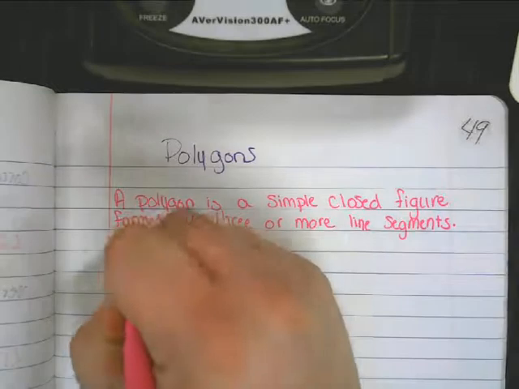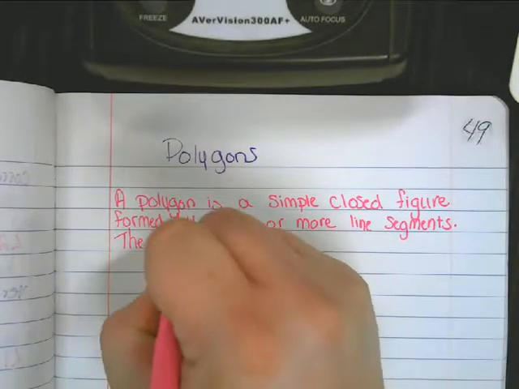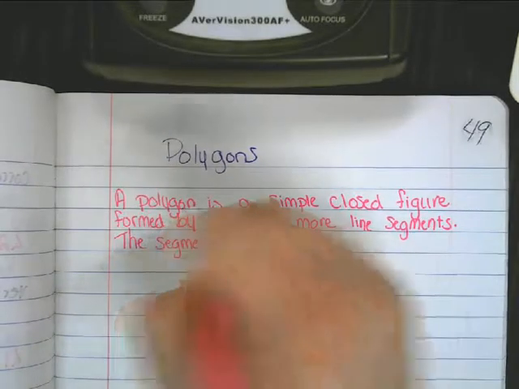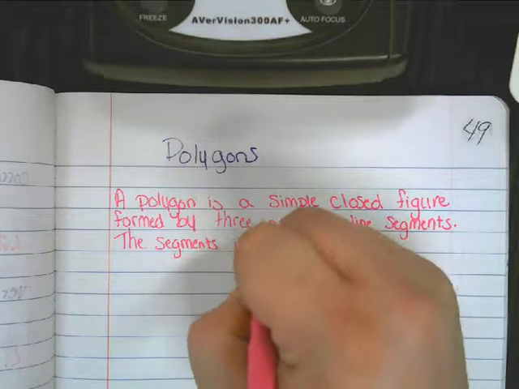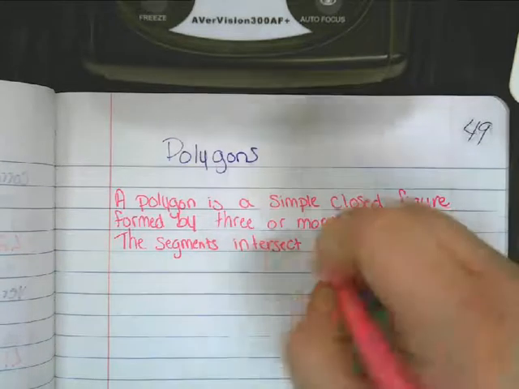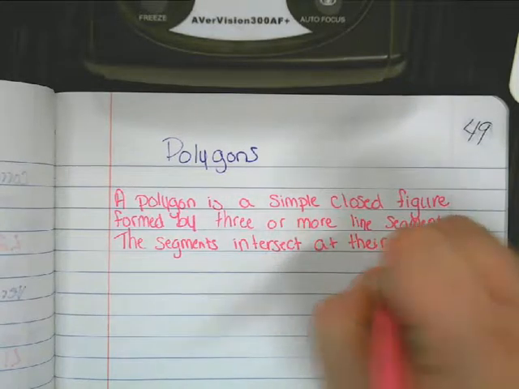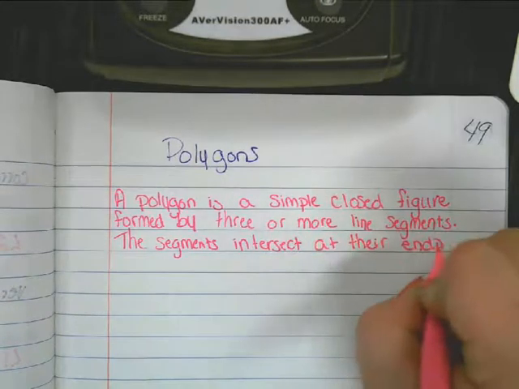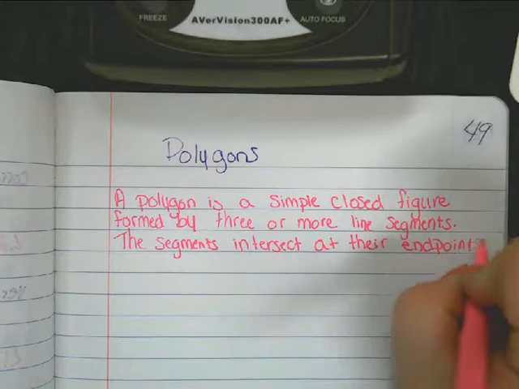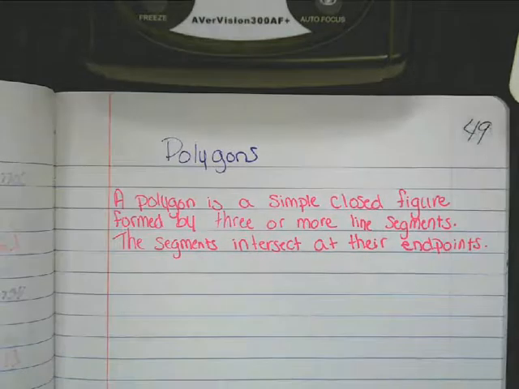The segments intersect at their endpoints. So they're not going to intersect in the middle, they're only going to intersect at the end of them.